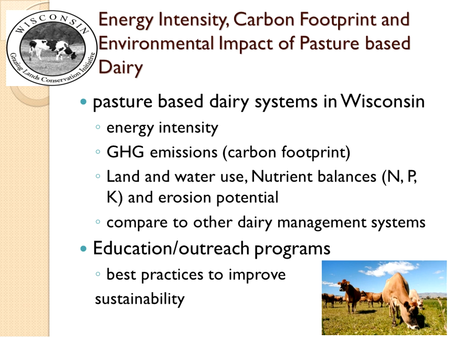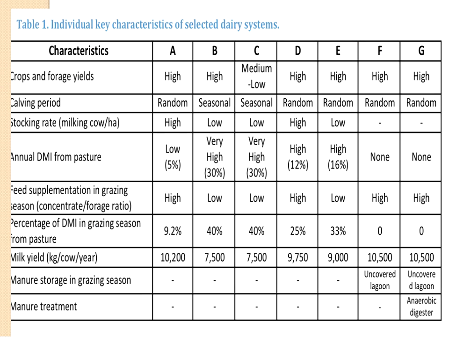All right, we also did an analysis of pasture-based dairying. Very quickly here, we're going to get a little short on time, but the fundamental descriptor of a pasture-based system that we used is the annual percentage of dry matter intake from pasture.